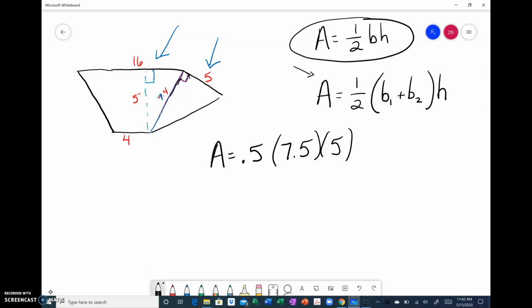Now for this one, I am going to use a calculator instead of finding half of one of those numbers because I would end up with a decimal. So into my calculator, I type 0.5 times 7.5 times 5. And I get 18.75. This is only the area of the triangle. Now I need to find the area of the trapezoid.